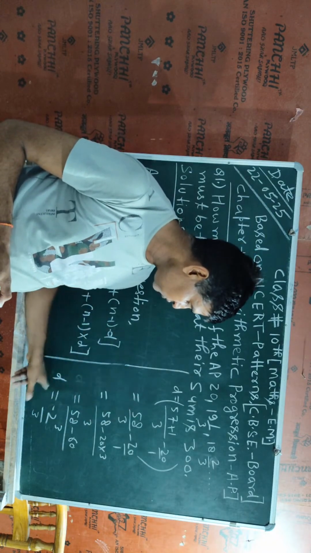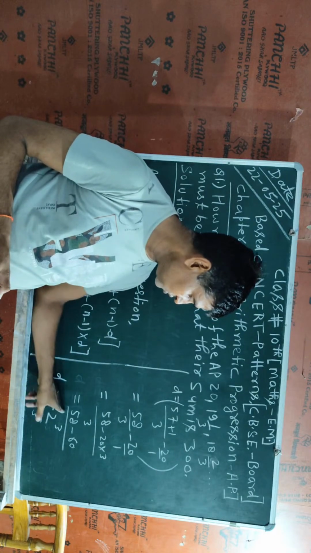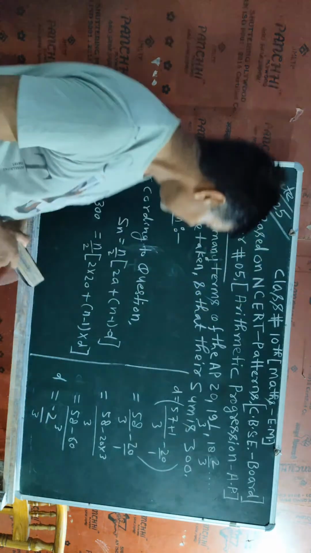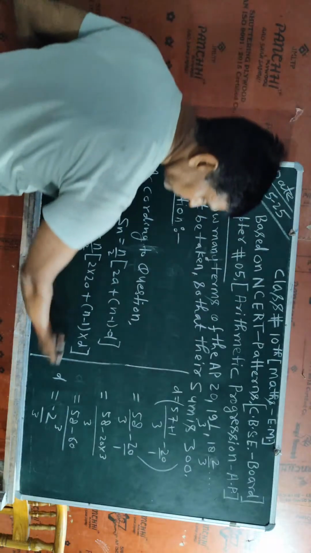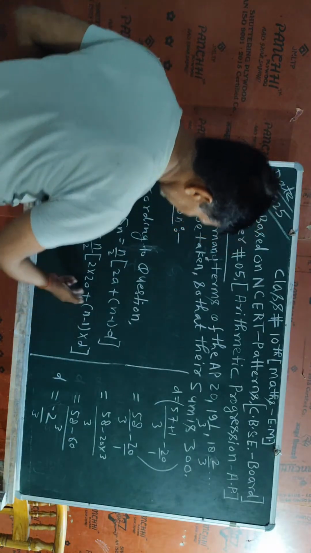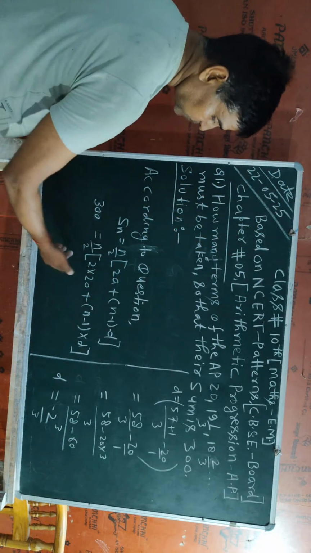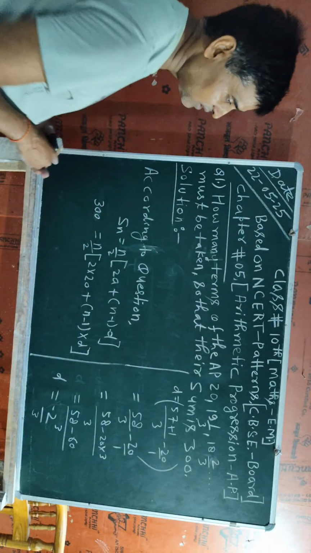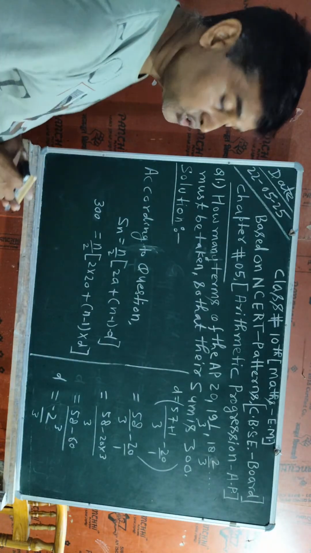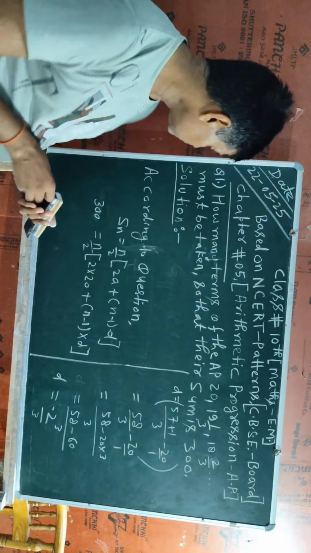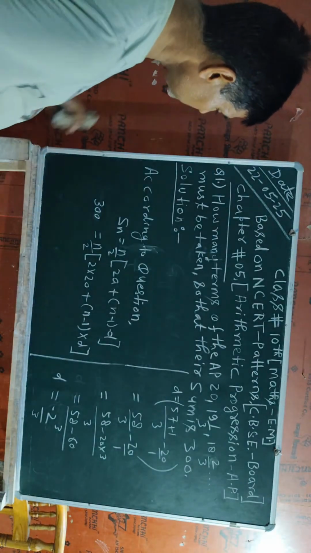After simplifying, we will get the value of d, which is equal to minus 2 divided by 3. Now here I have to substitute the value of d. After substituting, I will simplify. Okay, student, so this procedure you have to follow positively. Now further I am going to resolve it.